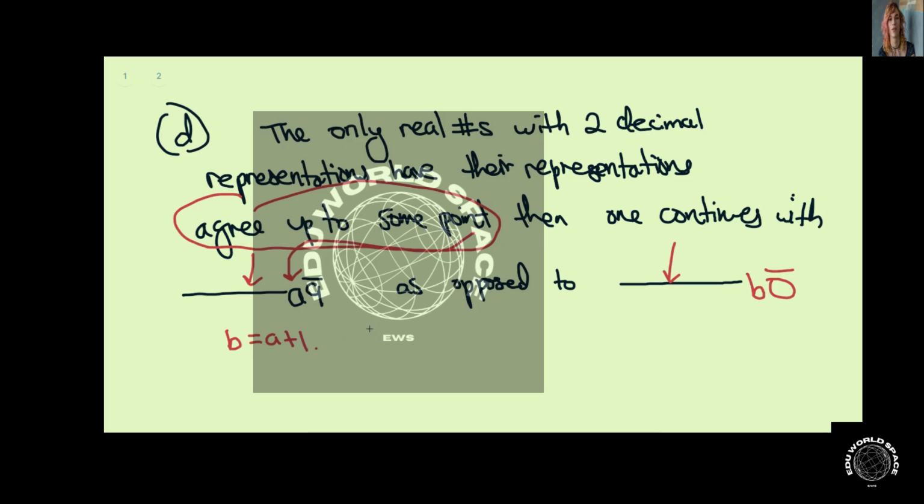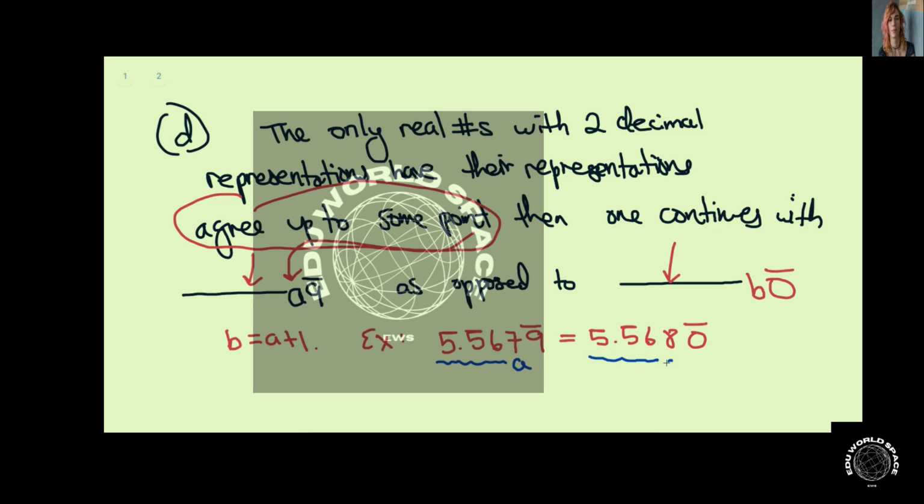So for example, we already saw an example in part C, and here's another one. So these numbers agree up to 6, and then after that, we have A here, which is 7, followed by infinitely many 9s.